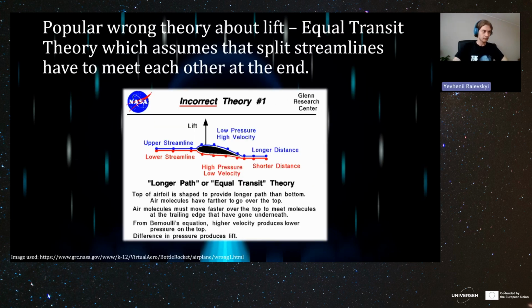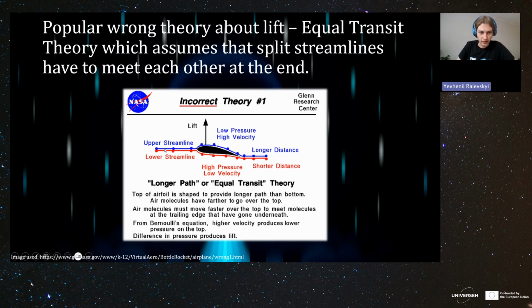And I would introduce to you a quick theory that I found, and this is an incorrect one. A widespread but flawed explanation of lift claims that air splitting at the wing's leading edge must reunite simultaneously at the trailing edge.